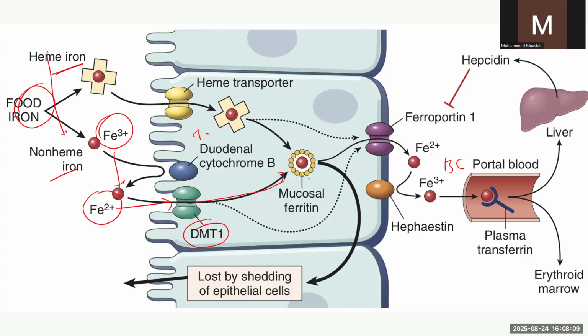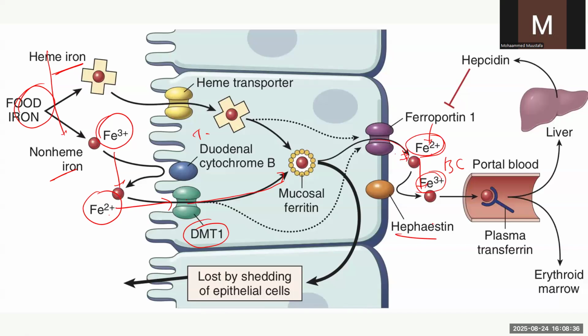From the tissue, this Fe2+ comes into the circulation. As we discussed, there is a requirement of conversion from Fe2+ to Fe3+ by ferroportin. Ferroportin helps in the efflux of iron as well as the conversion of Fe2+ to Fe3+.